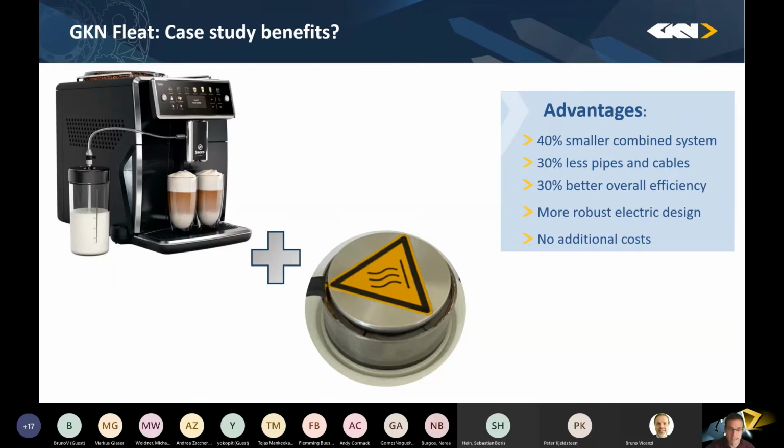The electric design I mentioned before was more robust, with just one electronic board for both operations, and it doesn't add any cost to the system, even for a low-cost consumer product. We can keep the cost at the same level as the system before.